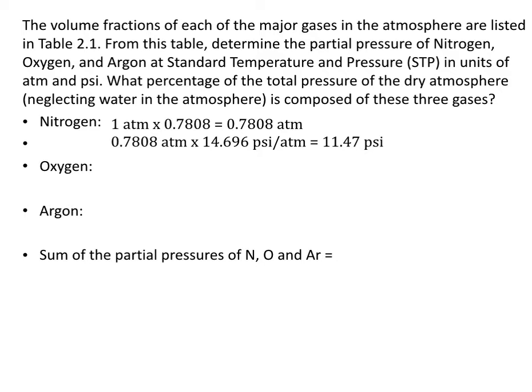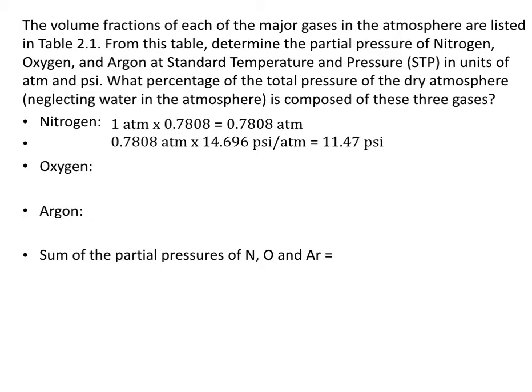So the pressure exerted by the molecules of nitrogen in the atmosphere is 0.7808 atmospheres. We can convert this to pounds per square inch and find that the nitrogen in the atmosphere presses down pretty much everywhere on Earth near sea level at an average of 11.47 pounds per square inch. So that's the weight of the air upon each and every one of us, or at least the nitrogen component of the air.